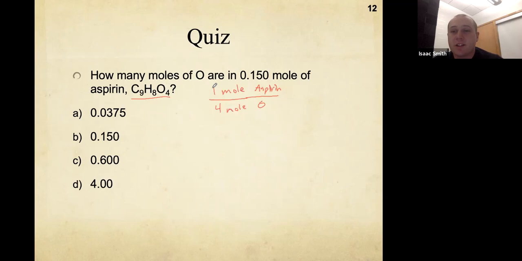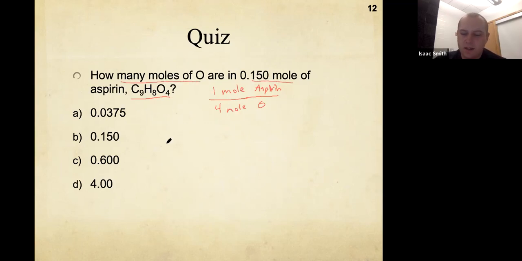If you looked at this in terms of molecules, for every 1 molecule of aspirin, you'd have 4 atoms of oxygen. Instead of 1 molecule, if you had a whole mole of aspirin, then multiply that by 4, you get 4 moles of oxygen.